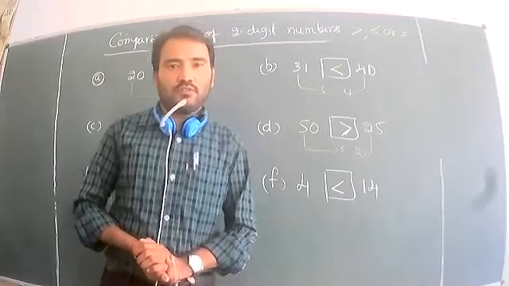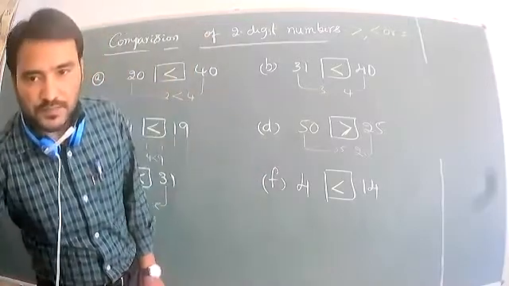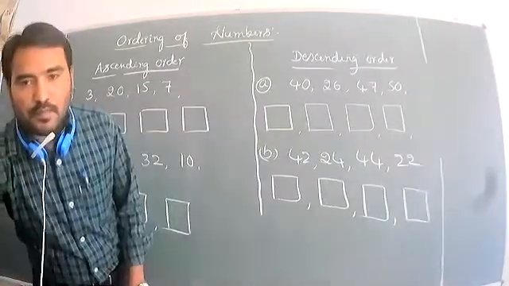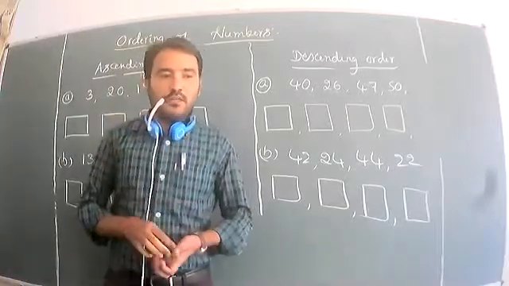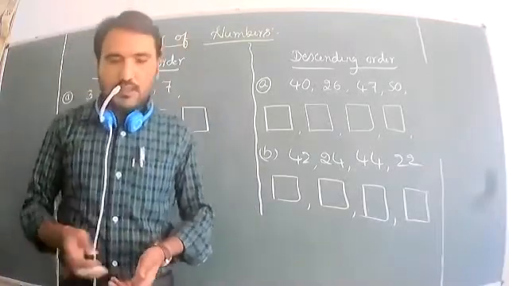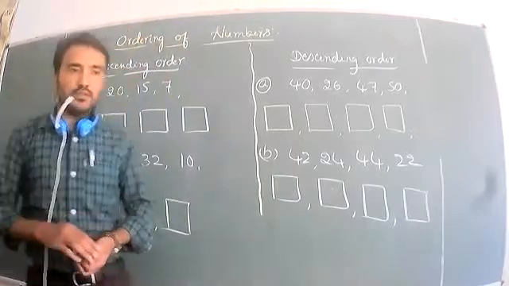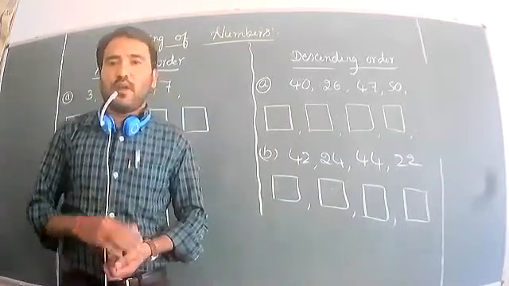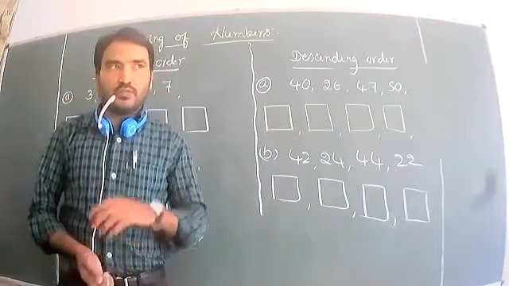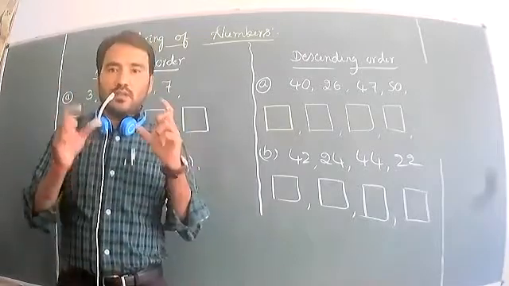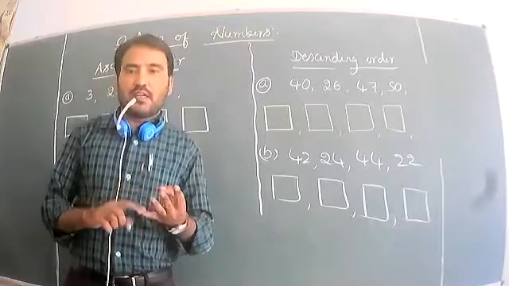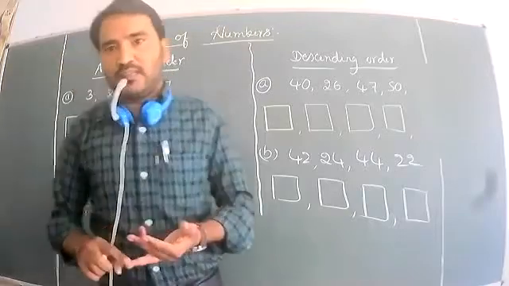So students, I will go for ordering of numbers. Okay students, now ordering of numbers. In the previous two chapters, I have already introduced ordering of numbers. What is ordering of numbers? There are two types of ordering. First one is ascending order, second one is descending order.